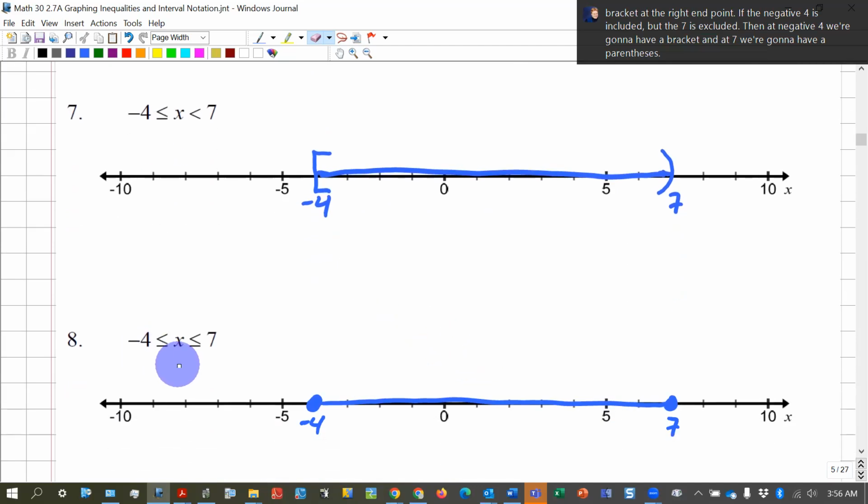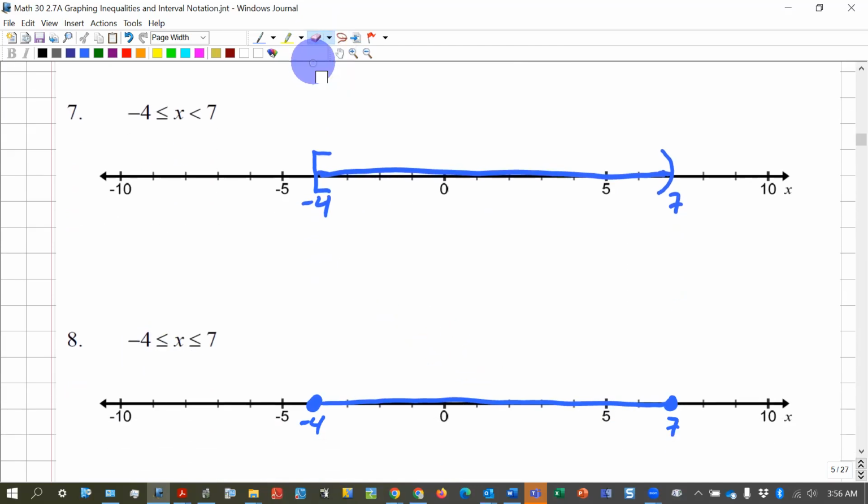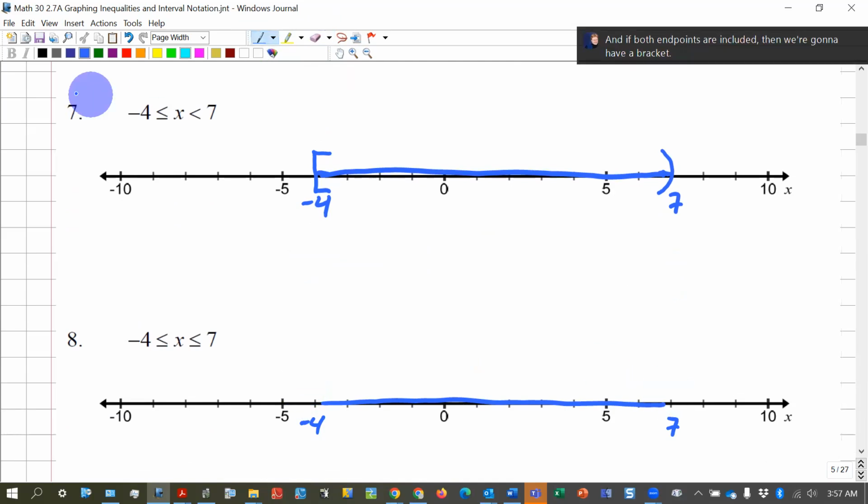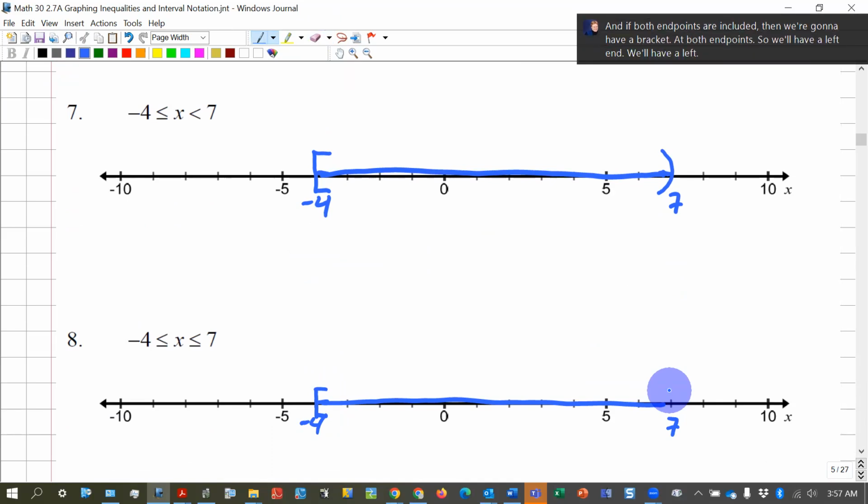And if both endpoints are included, then we're going to have a bracket at both endpoints. So we'll have a left bracket, a beginning bracket at -4 and a closing bracket at 7.